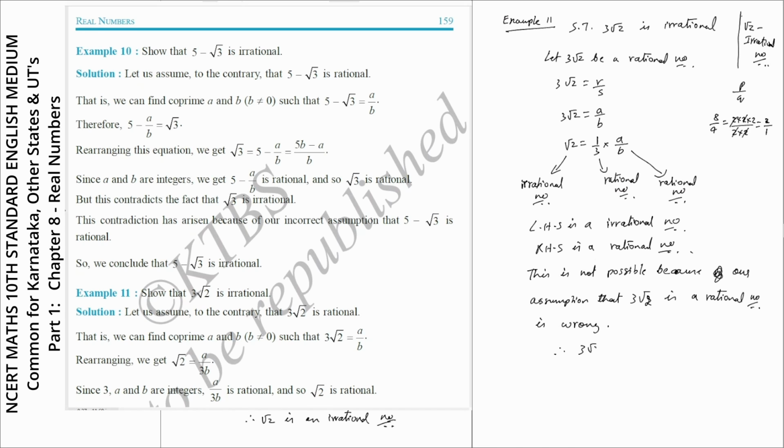That 3 root 2 is an irrational number is the right thing. Therefore 3 root 2 is an irrational number, and that completes the proof.